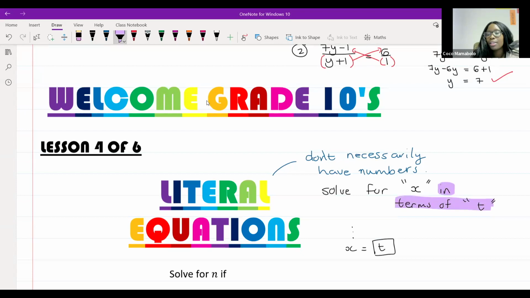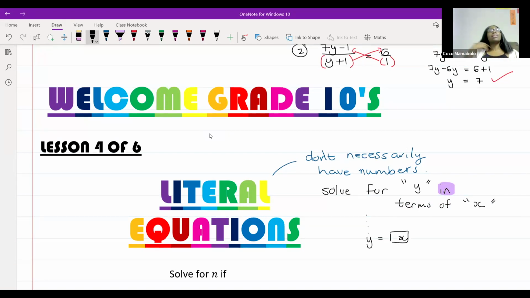Same as if your teacher says, solve for y in terms of x. What they're actually saying is do a series of operations, and at the end, you need to get y equal to something, but that something will have an x in it. My answer will have x in it.